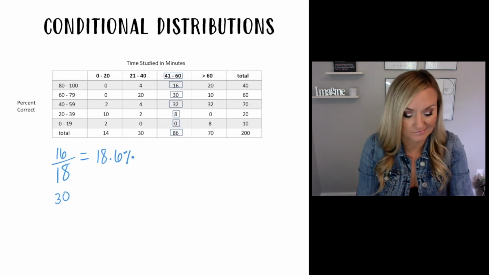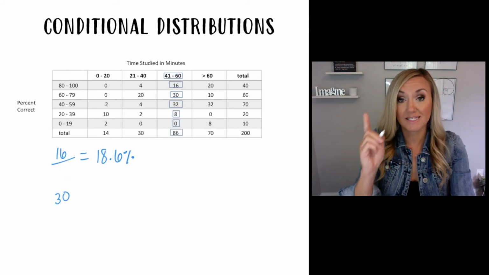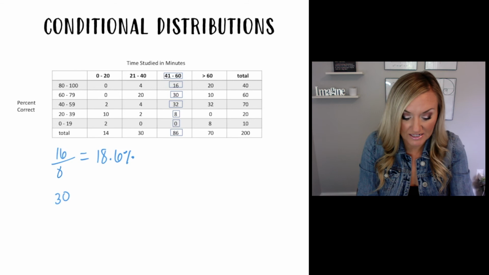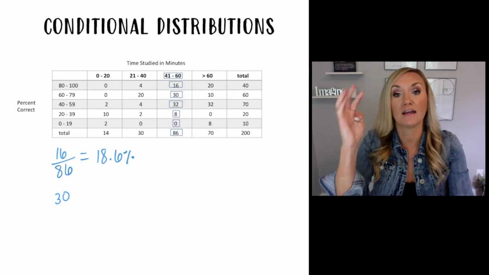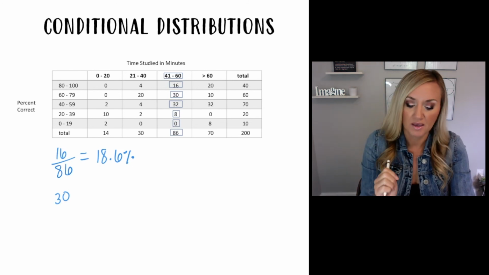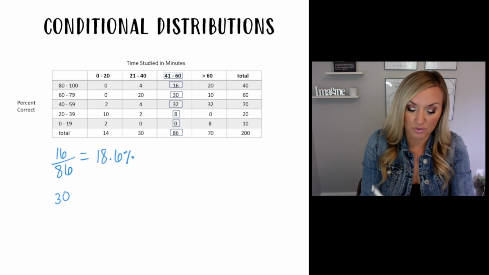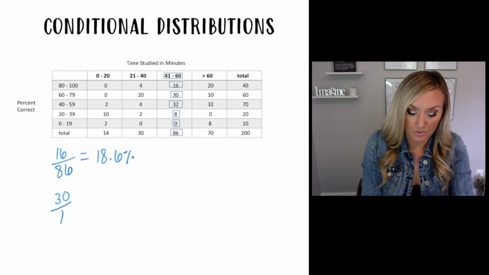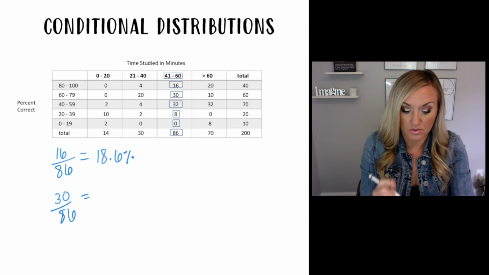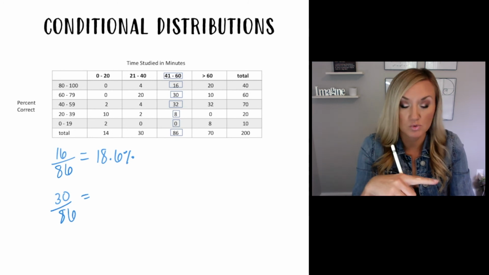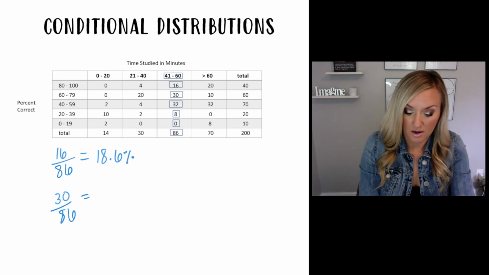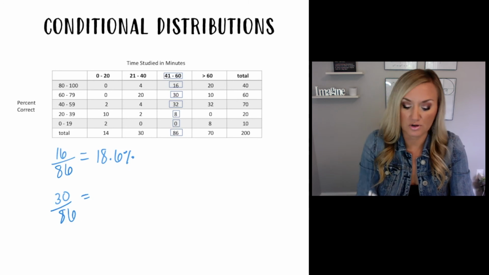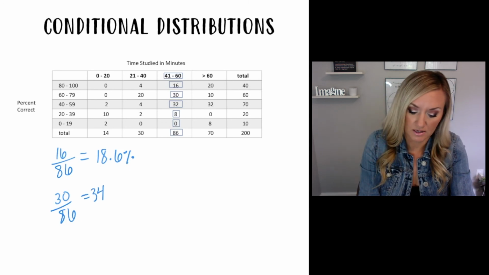You notice that? Oh my goodness, Miss Wakefield. So 16 out of 86 is 18.6%. Then 30 students out of 86, those students who scored a 60 to a 79 on the test, would be 34.9%. And I wrote a 4.